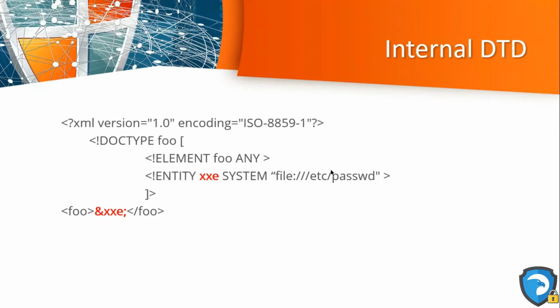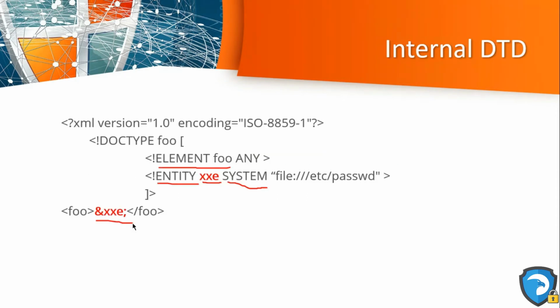Here I have a simple example to understand internal DTD or internal entity. An entity is like a variable for XML. As you can see on the third line, I have declared a foo entity, and in the next line the XXE entity, in red color, with SYSTEM calling a system file, /etc/passwd, is defined.